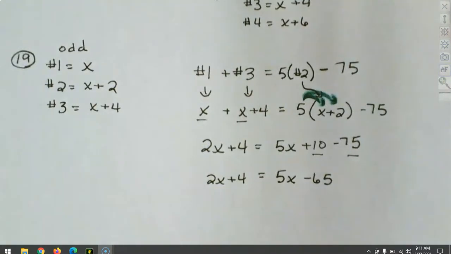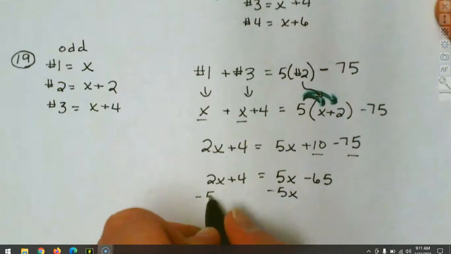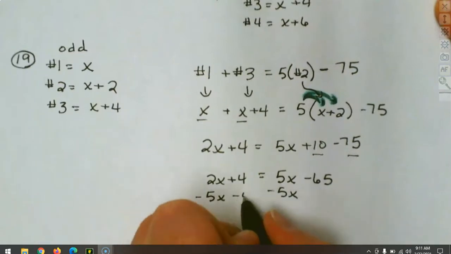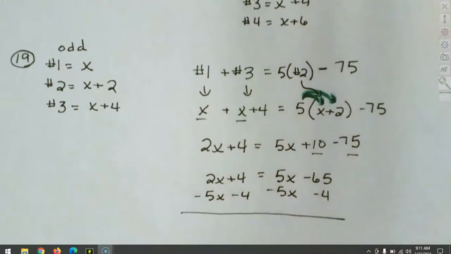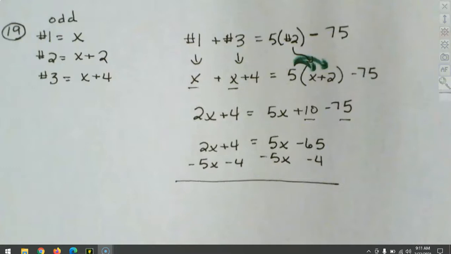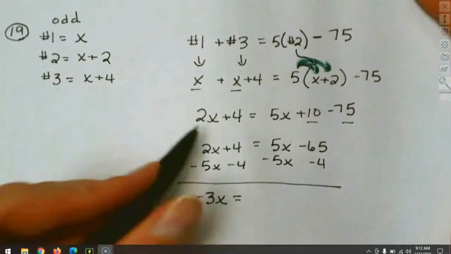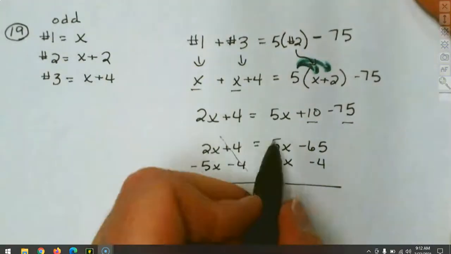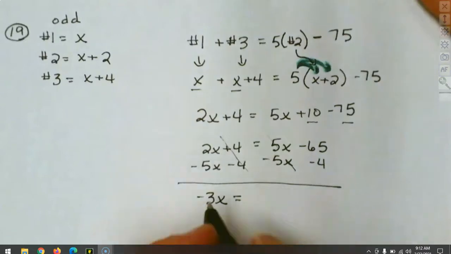Move things around. So move that 5x over with subtraction. And move that 4 over as well. And that leaves me then with a minus 3x. The 4's can cancel. The 5x's can cancel. And then we've got 65 minus 4.